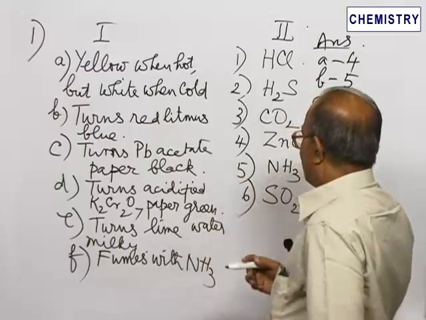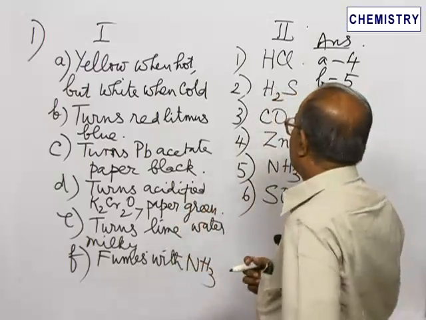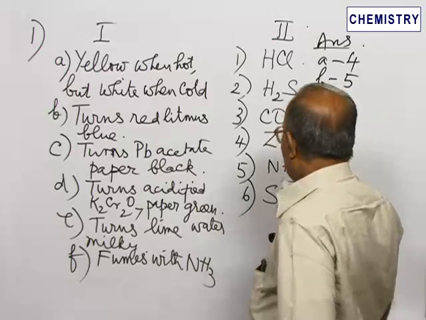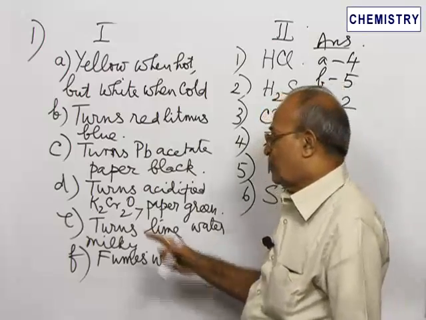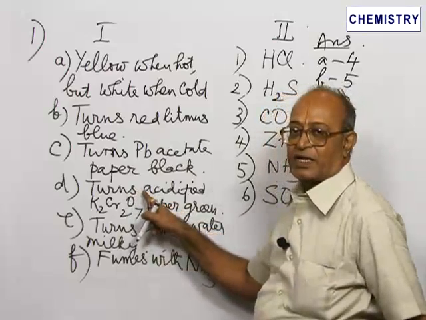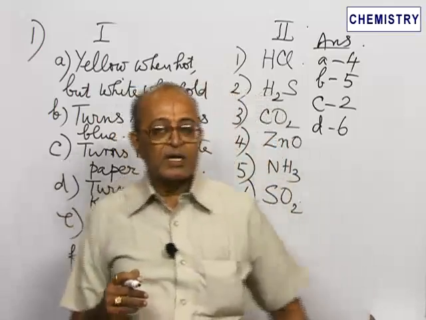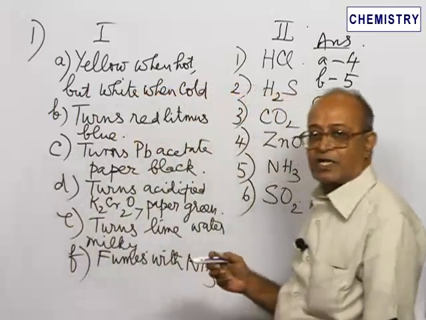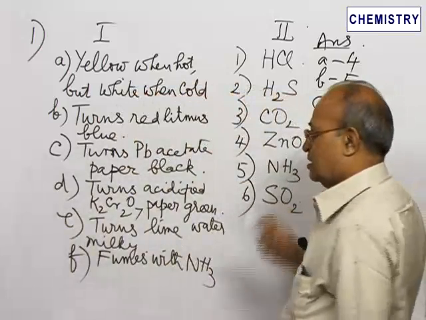All right. Of these gases, which is capable of converting acidified potassium dichromate into green chromium sulfate? You omit 4, 5 and 2 because only single answer matching type I have given. Now, sulfur dioxide. This is the property of sulfur dioxide gas. Sulfur dioxide turns acidified potassium dichromate solution green. All right.